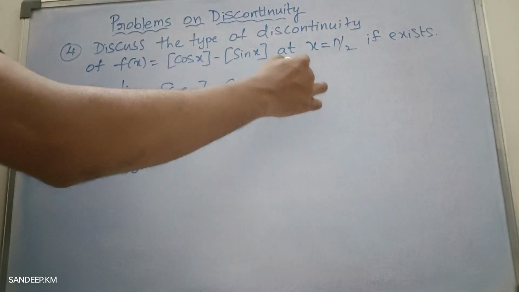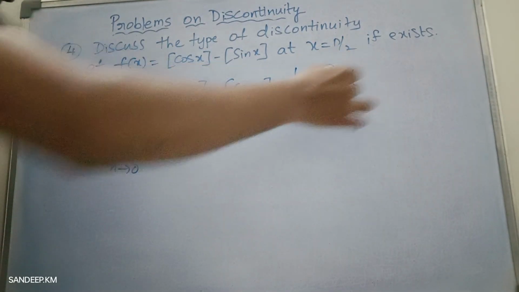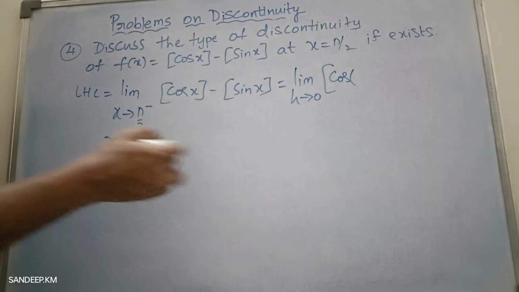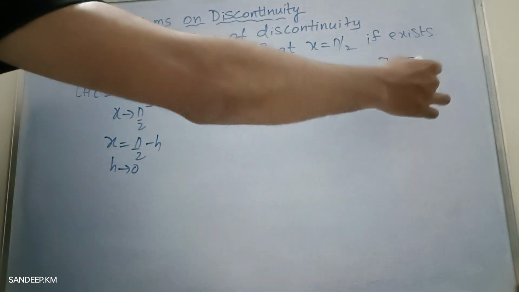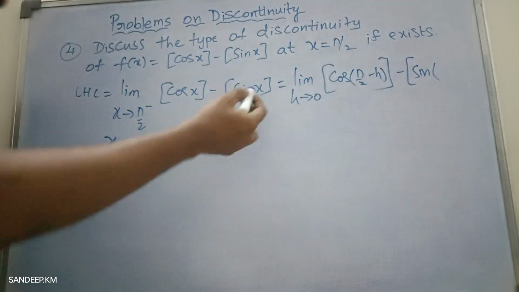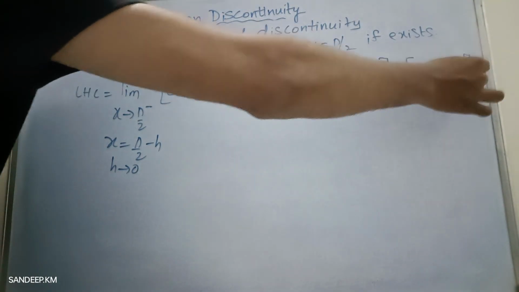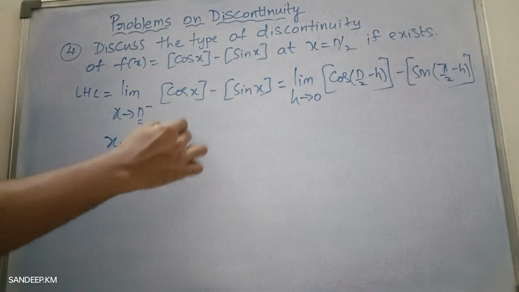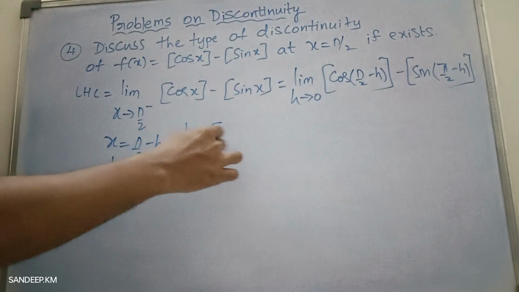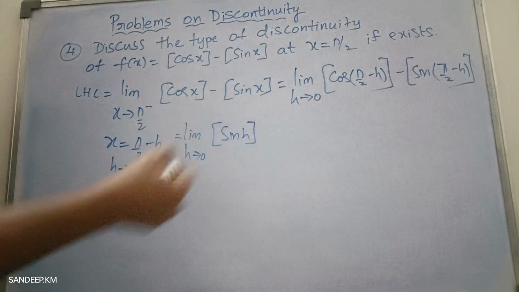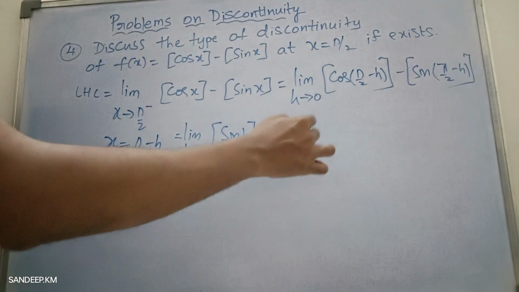Limit h approaches 0, step of cos of pi by 2 minus h minus step of sin of pi by 2 minus h, which is equal to limit h approaches 0 step of sin h, since cos of 90 minus h is sin h, minus step of cos h, since sin of 90 minus h is cos h.